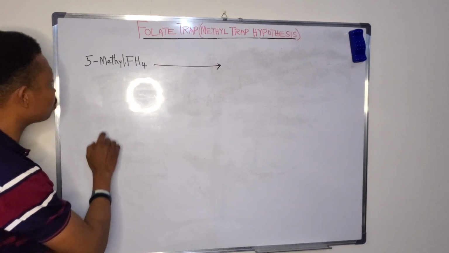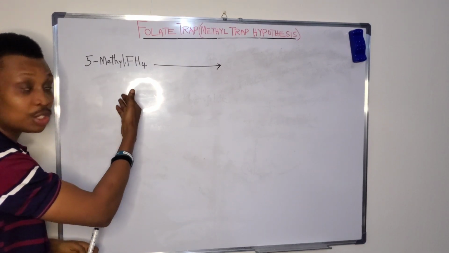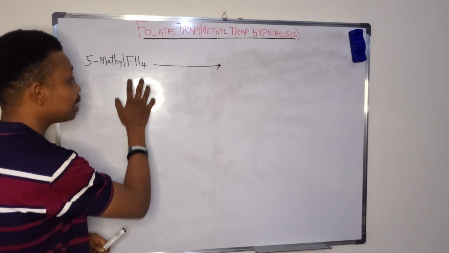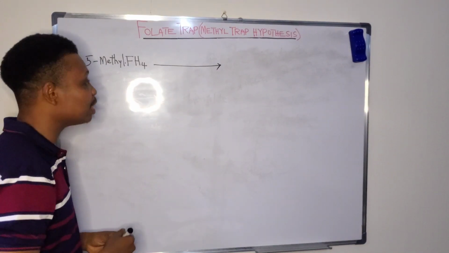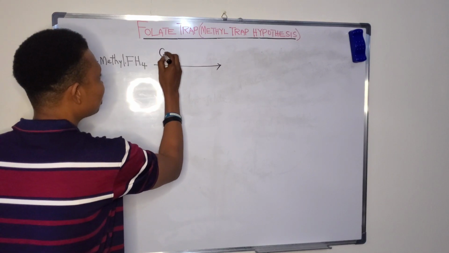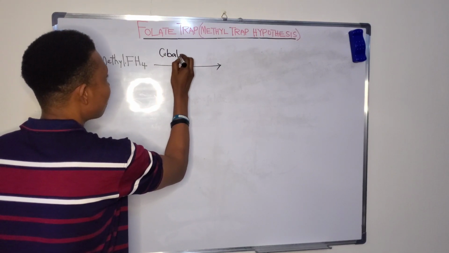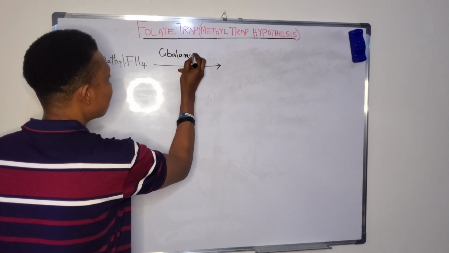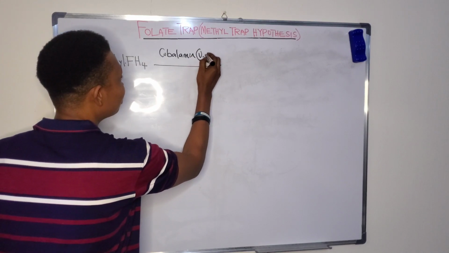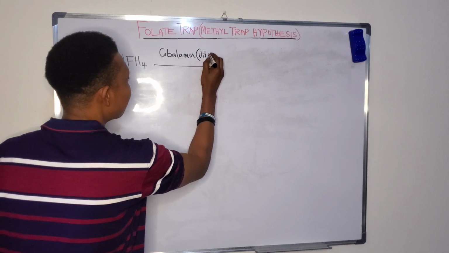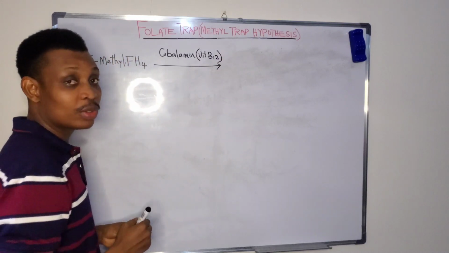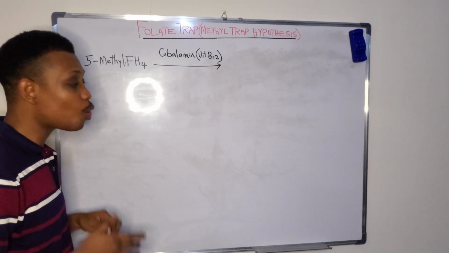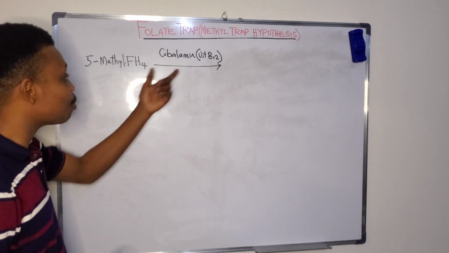So in the circulation, this will undergo dissociation to form tetrahydrofolate. But that formation must occur in the presence of cobalamin, vitamin B12. So this dissociation must occur in the presence of cobalamin.